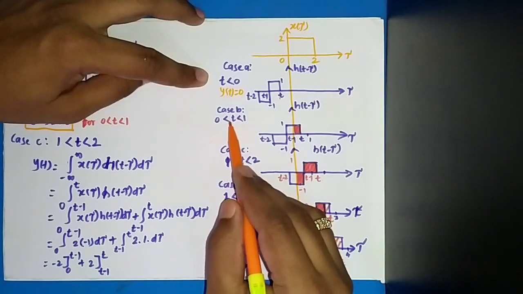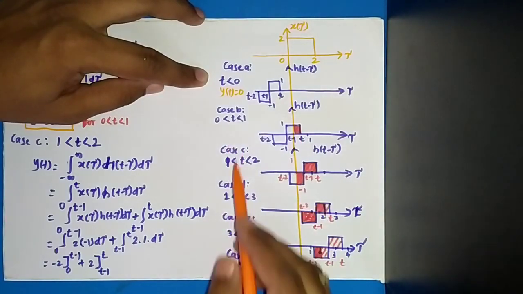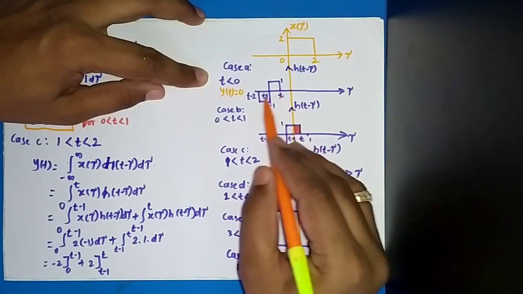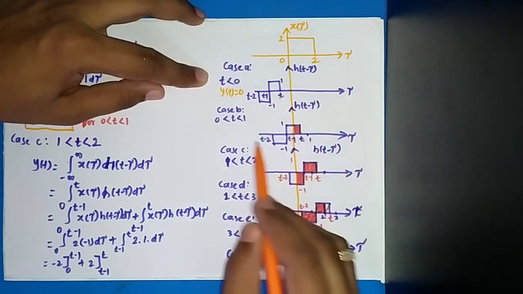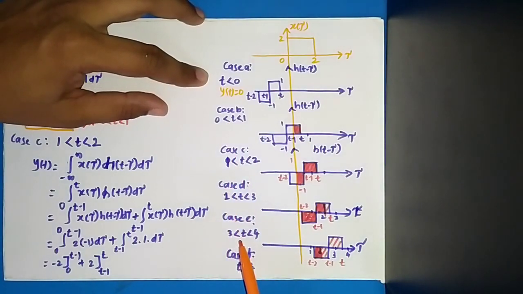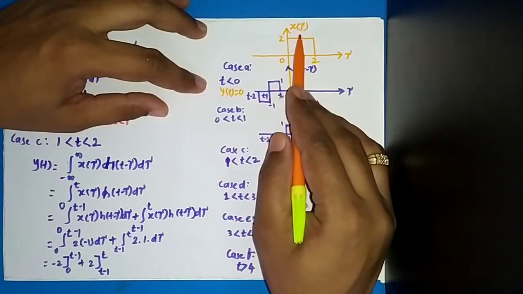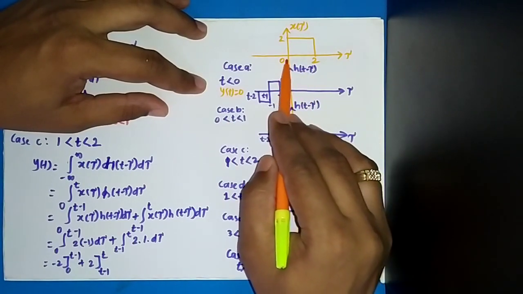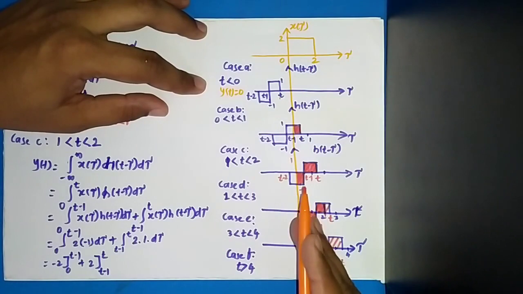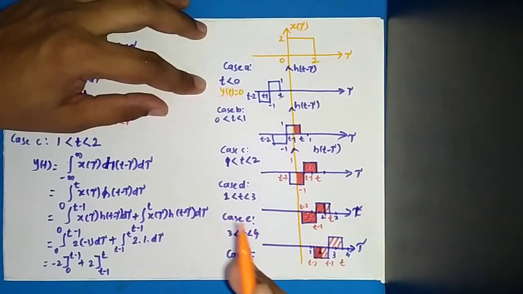So why do we need to go for such varied cases? Because this is a very varied signal, depending on the type of signal we have to decide how many cases I have to go through. Here h of tau will not be changing, it is there as it is, only this h of t minus tau will be shifted towards the right side so that we can find the overlapping.